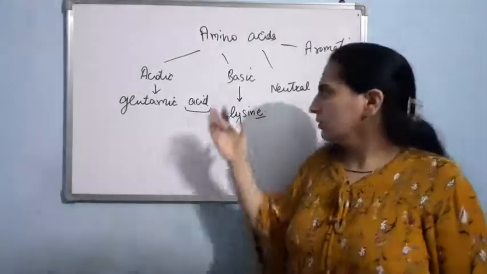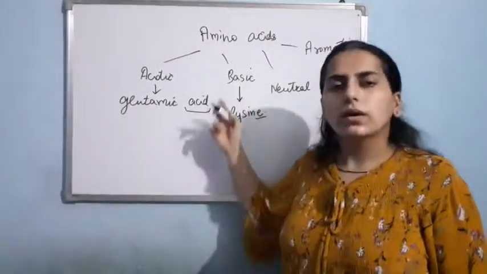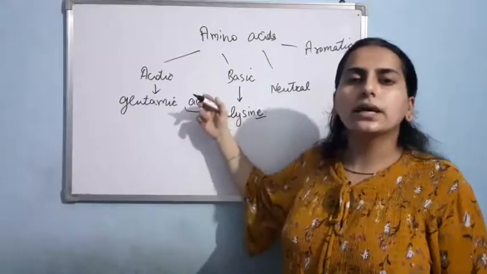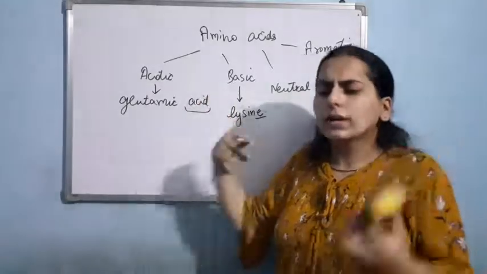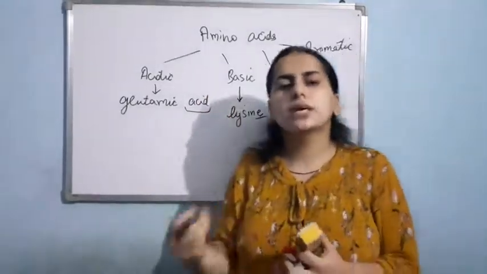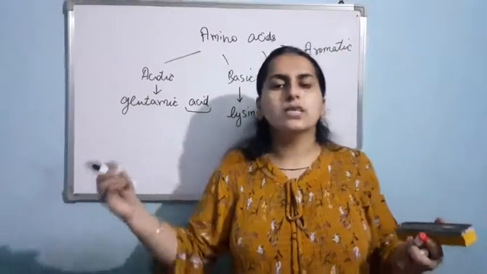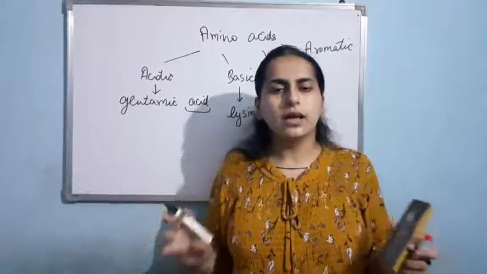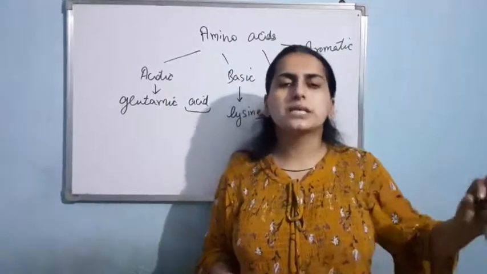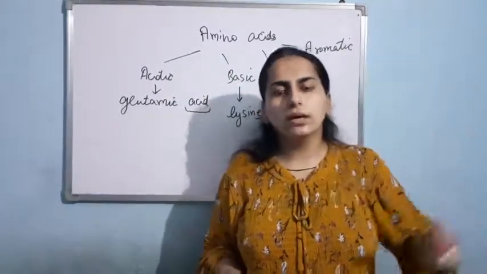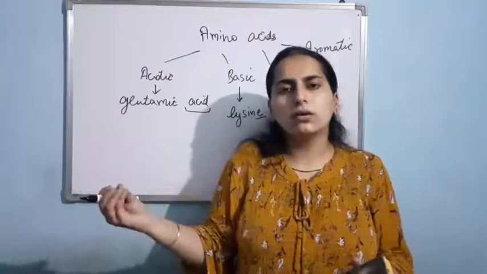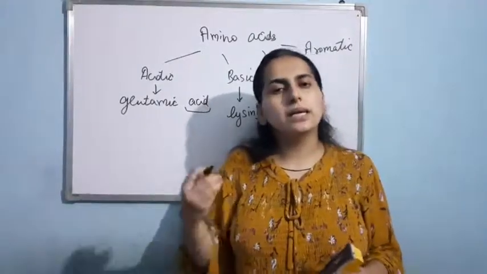In a basic amino acid, the number of NH2 groups will be more than the number of COOH groups. If the number of amino groups present in the amino acid is more than the number of carboxylic groups, then it will be basic in nature.